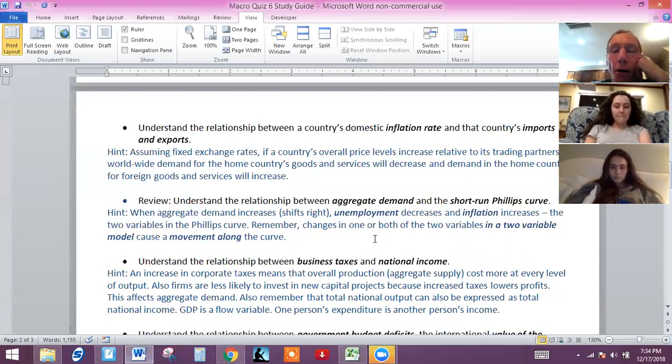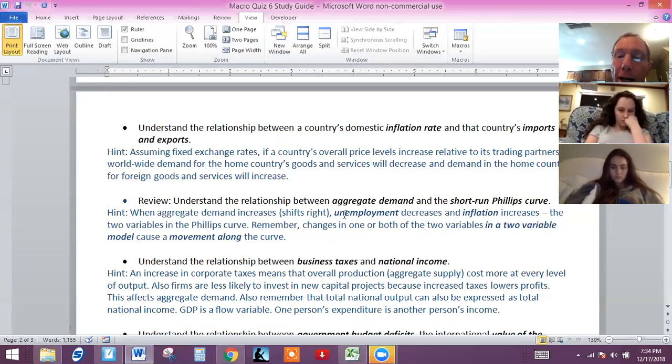Now this one right here, I kind of touched on before, but it's a little bit tricky, because we're looking at two different graphs that have different variables. When the aggregate demand curve shifts to the right, unemployment goes down, because we're employing more workers.